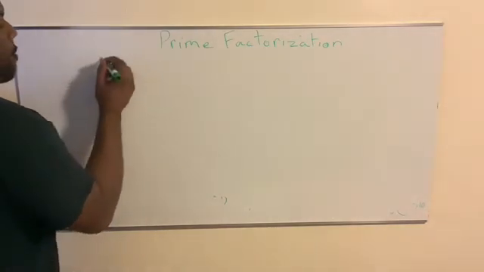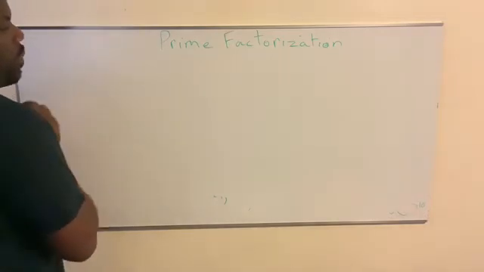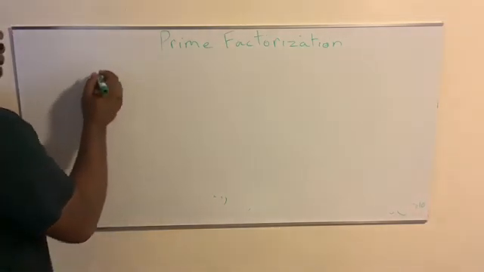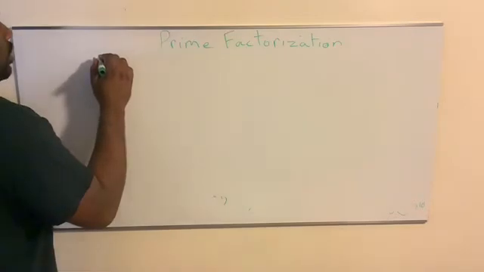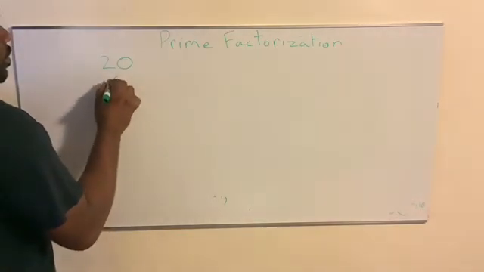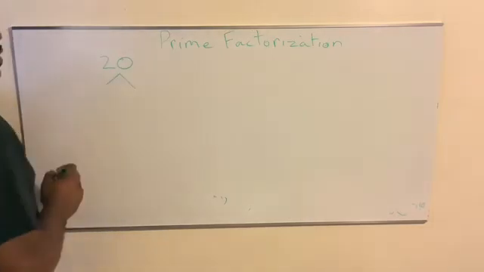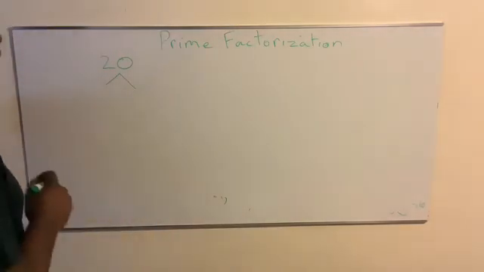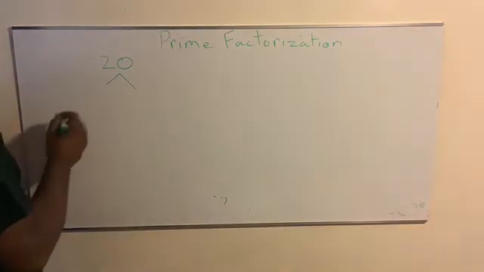For example, let's say I want the prime factorization of 20. I choose any numbers I can multiply by to get 20.